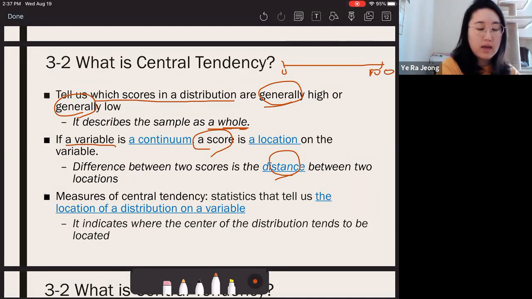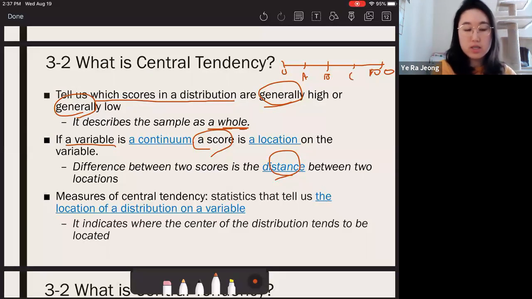okay, and let's say student A scored right here, student B was here, and student C was here in their exam scores, the difference between these two people's scores is essentially the distance in this continuum, okay? So basically just making the variable a horizontal distance line.